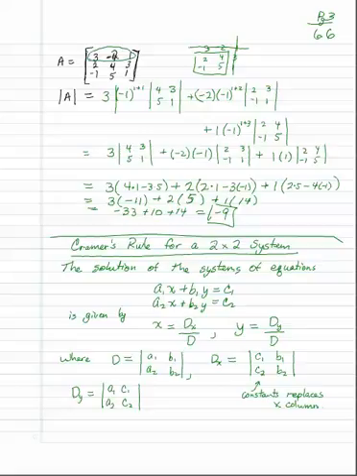So the constants replace the y column. So d sub x, you're going to replace the x column and put the constants there. D sub y, you're going to replace the y column with the constants.